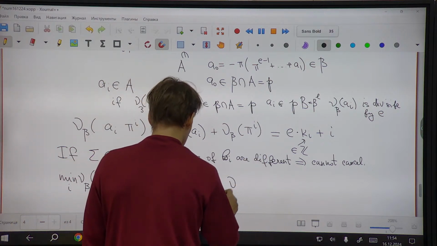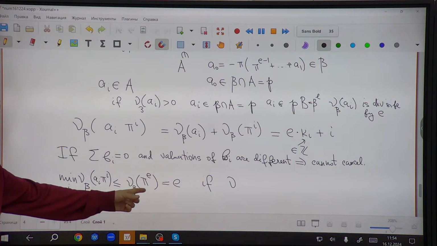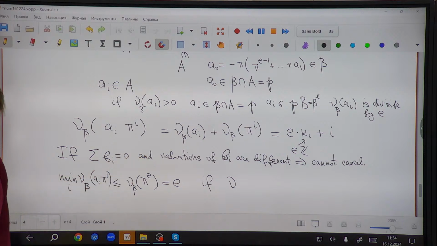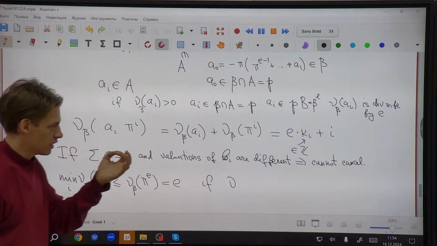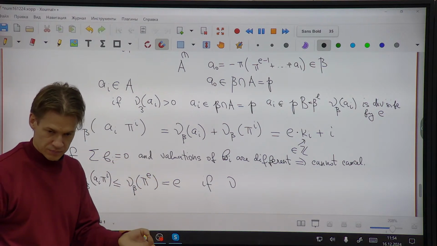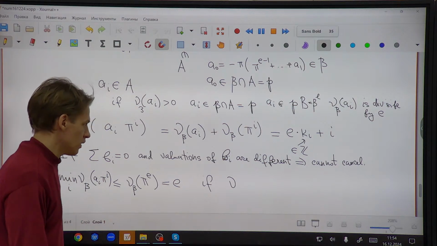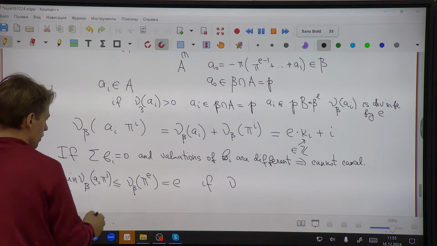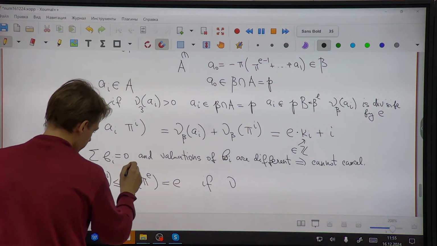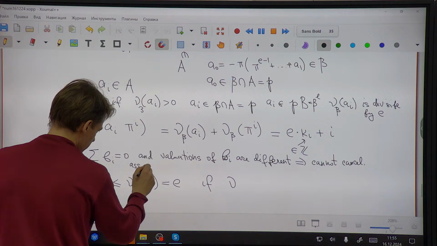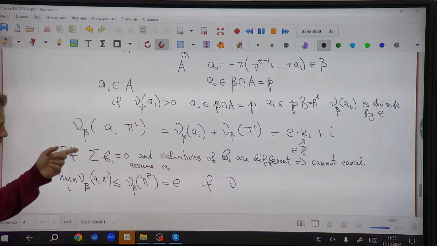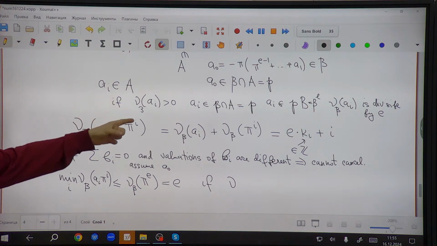Why is it less than e? Because this is the first term of the equation. I say that they are all different. So what can happen? First of all, let me assume that a_0 has valuation precisely e.